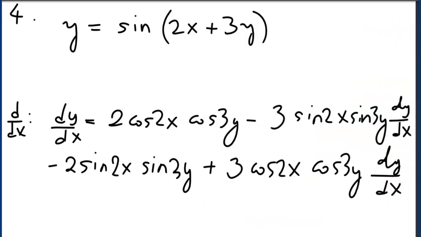So putting everything together, we will end up with 4 terms, 1, 2, 3, and 4. Now we have to rely on trigonometry identity again.